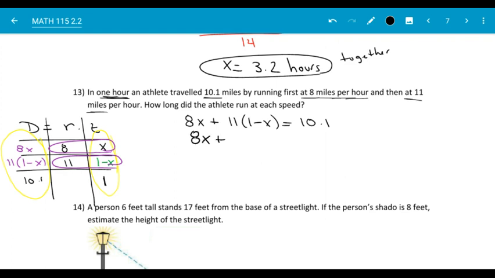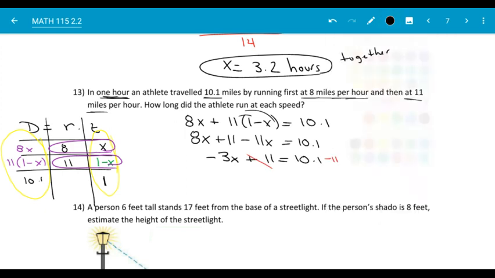So that says 8x plus 11 minus 11x equals 10.1, doing the distribution. 8x minus 11x would put me at negative 3x, plus 11 equals 10.1.